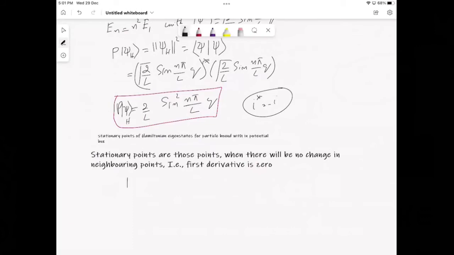So if we take the psi, what is the psi h?